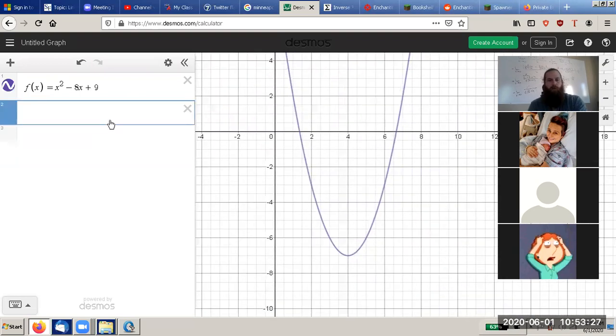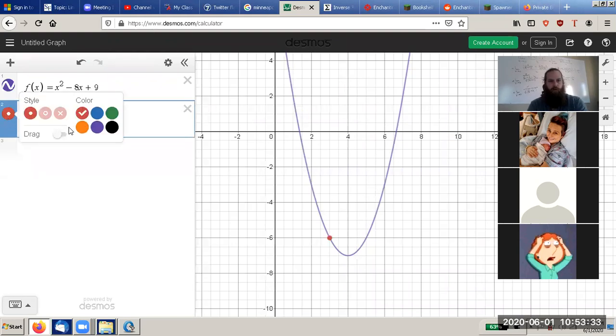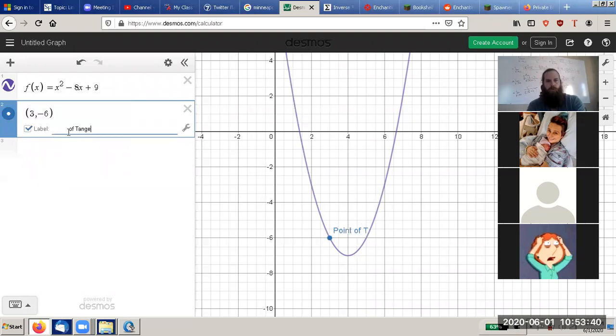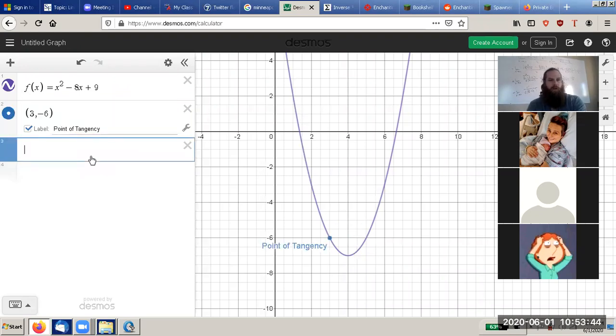Okay, now my point of tangency is 3, -6. This point right here. And then my tangent line is y equals -2x.